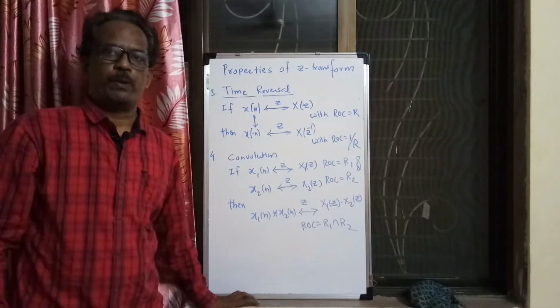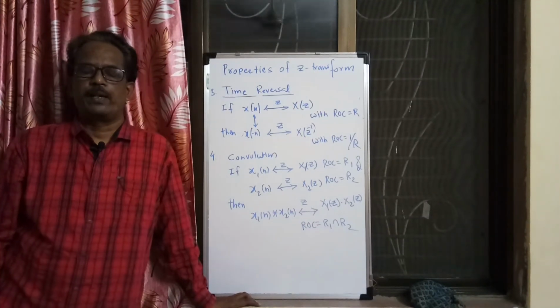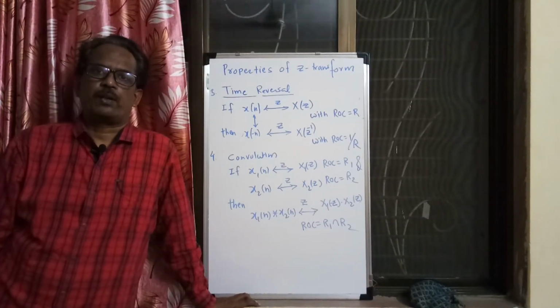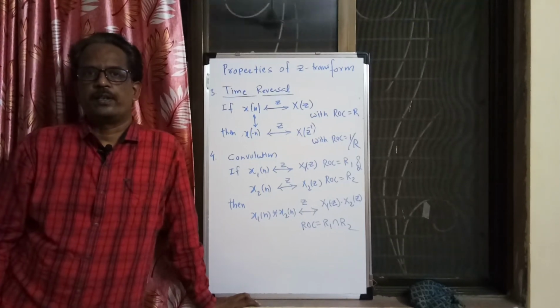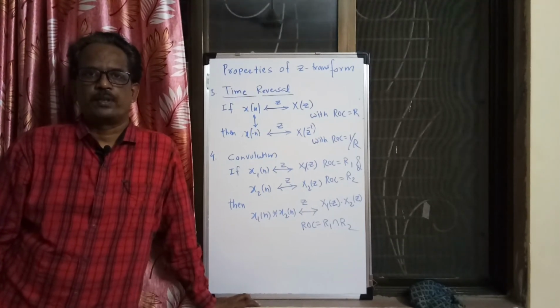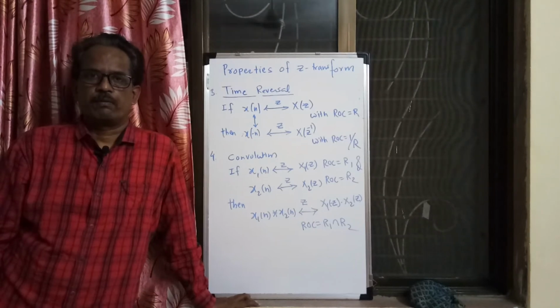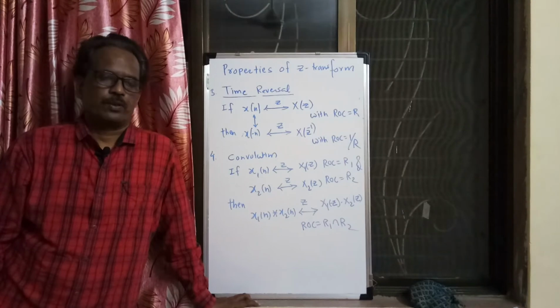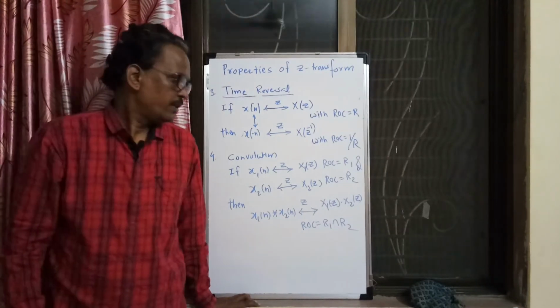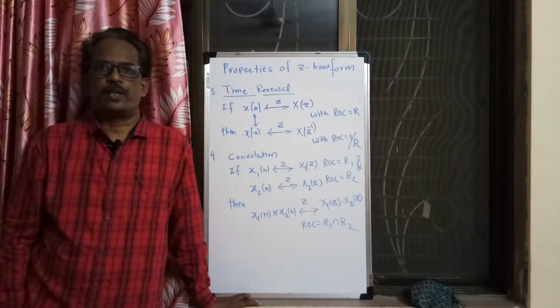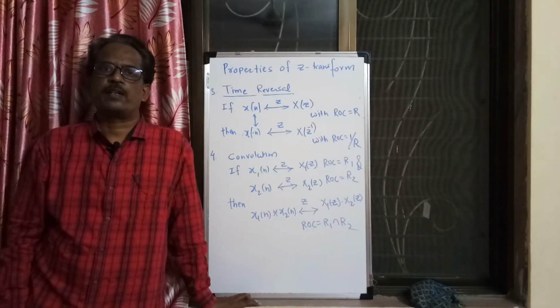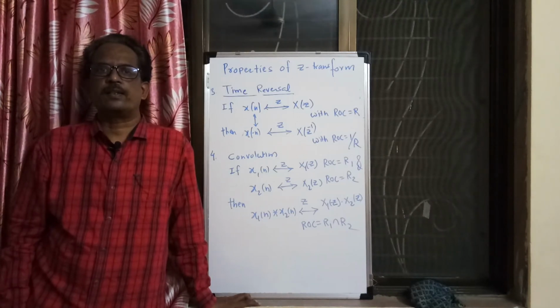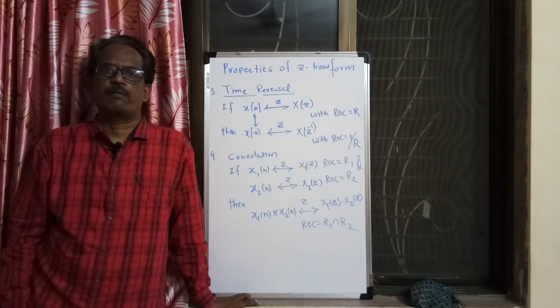In z domain what happens? The transforms get multiplied, and what happens to ROC? The resultant ROC is the intersection of the ROC of X1 of z with the ROC of X2 of z. So R1 is the ROC of X1 of z, R2 is the ROC of X2 of z, then the resultant ROC R is the intersection of R1 with R2.